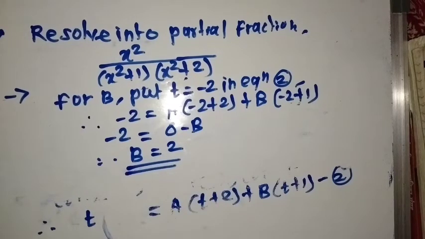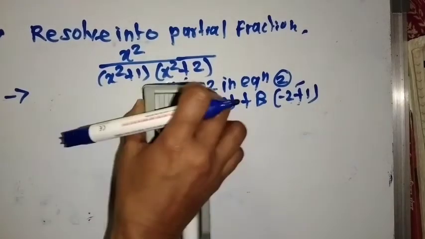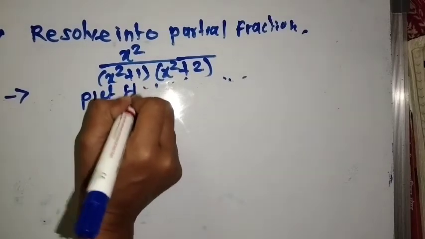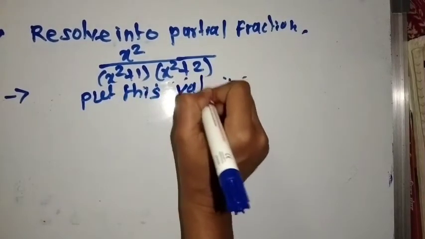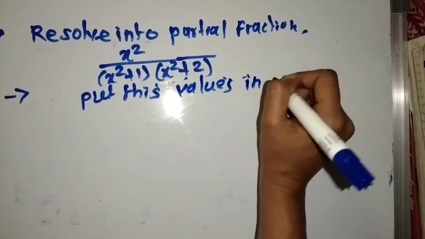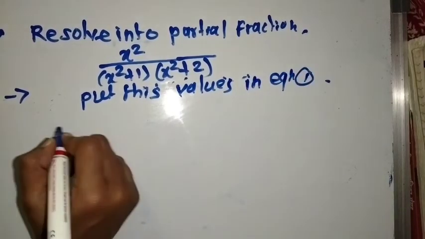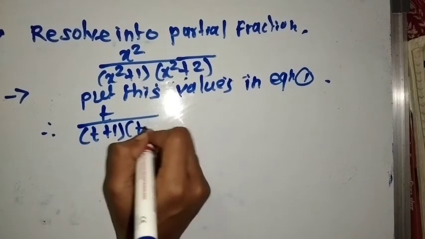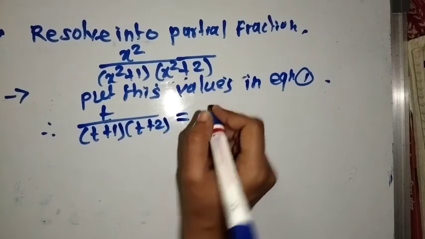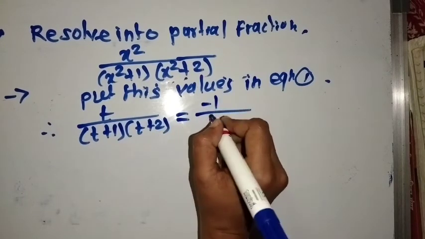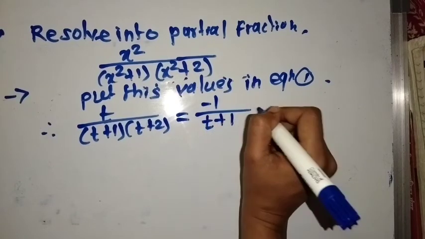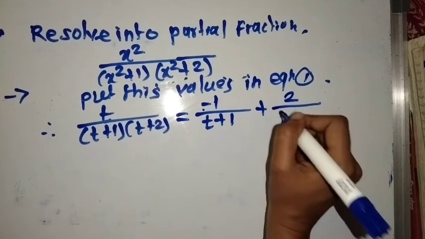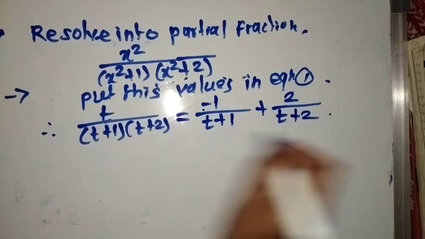And this a and b value we put in equation 1. In equation 1, t upon t plus 1 into t plus 2 is equal to minus 1 upon t plus 1, since a means minus 1, and b is equal to 2, so 2 upon t plus 2.